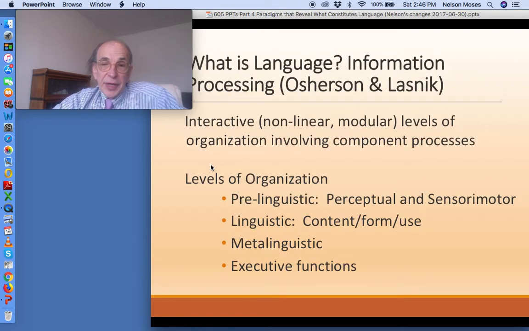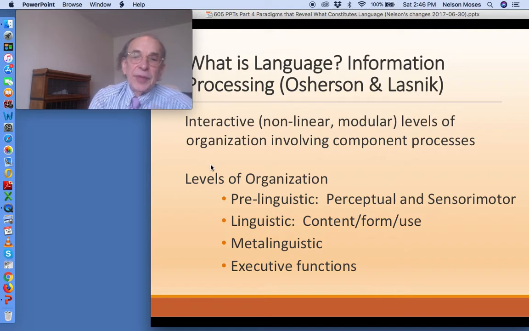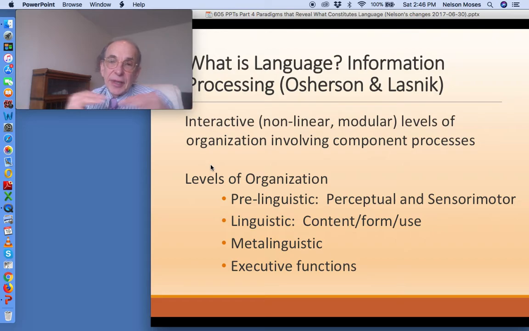Well, that's true of levels of organization, and the levels of organization I want to draw your attention to, again, I remind you, you've had this already, I know, elsewhere, are the pre-linguistic level of organization, which doesn't mean baby before speaking, but rather before any of us attach meaning to things, we must perceive, particularly in reception of language, we have to perceive phonemes, sounds, right?